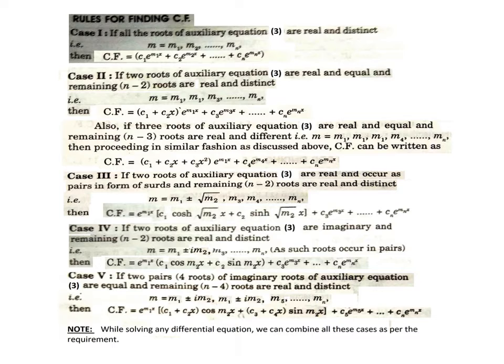For example, if you have four roots here, m1 plus minus root m2 and then m1 plus minus root m2 repeated, that is, two pairs of surds are repeated, then what about CF? It will be e power m1x, then c1 plus c2x cos hyperbolic root m2x plus c3 plus c4x sin hyperbolic root m2x, like that. So we have to mix all these 5 cases as per our requirement.